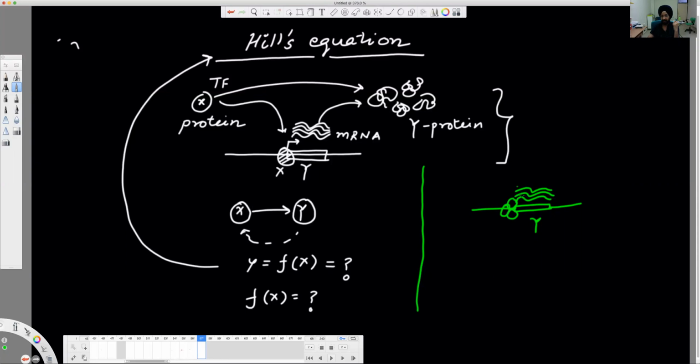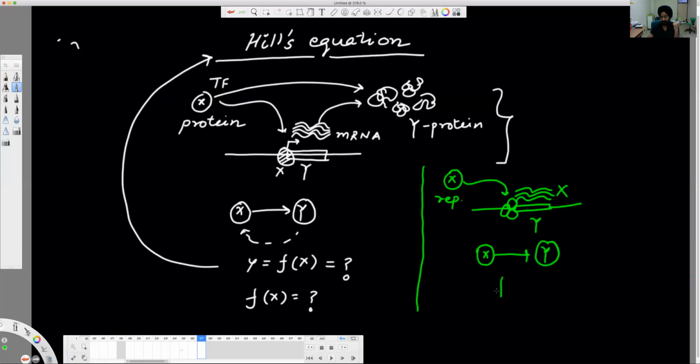Okay, this is happening. However, there is a factor X, which is not the activator now. This is a repressor now. So if this binds here, this activation stops, which means that now we have a relationship which is inverse. If X is high in amount, it is going to repress Y, right?